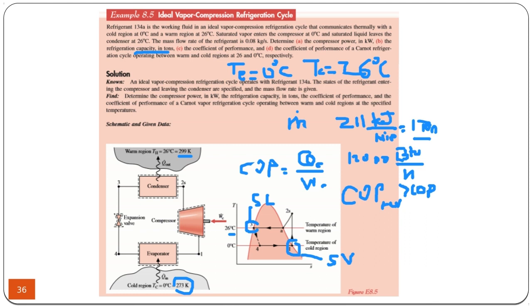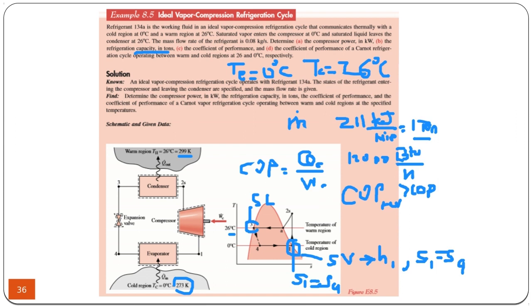Besides, you know that because the compressor is isentropic, S1 is S4. Here you can find not only H1 but also S1, which is equal to S4. So from S4 and the pressure of the condenser, you can find H2.